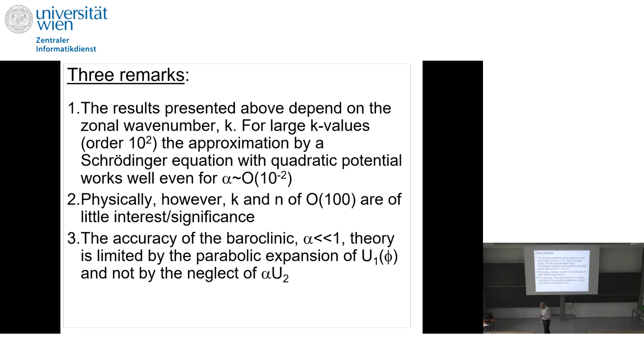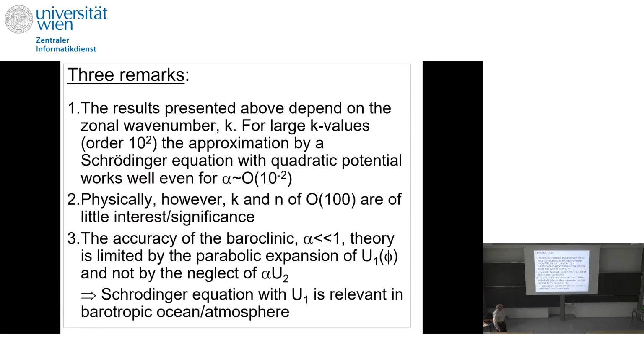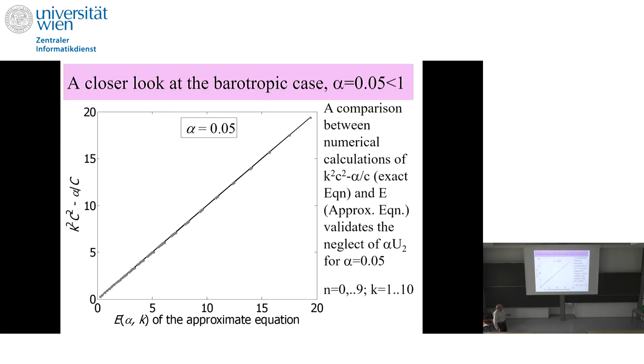Had we known how to solve the Schrödinger equation with the U1 potential of sine squared plus something over cosine squared, we would have been doing much better, but we only know how to solve it for a parabola. So it seems the Schrödinger equation with U1 itself, not with phi squared, is relevant even for alpha that is relatively large, what we call barotropic.